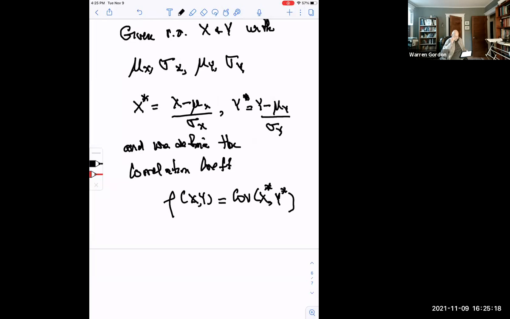I'm assuming, of course, by the way, that sigma sub x and sigma sub y are unequal to 0. Because if they were 0, that's a special case, and we'll say the correlation coefficient is 0.